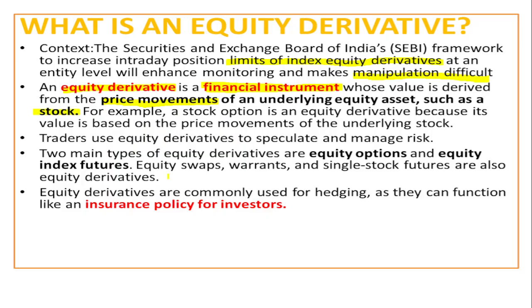Okay, and the types of equity derivatives are equity options, equity index futures. Now they are commonly used for hedging, as they can function like an insurance policy for investors.